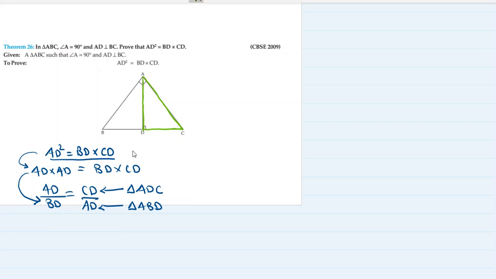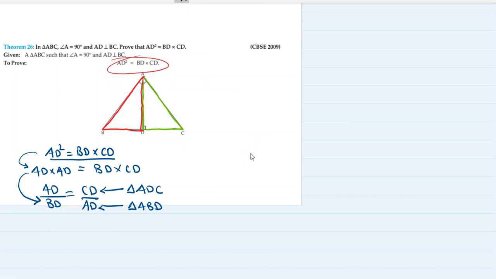Correct? And triangle ABD, is it there? Yes, it is also there. So I will highlight it with red ink. This is a very useful technique. So as you can see that I have not applied Pythagoras theorem directly, but after seeing the question, I thought that if I simplify this expression which is to be proved, I can get closer to my answer. So these are the two triangles ABD and ACD in question.